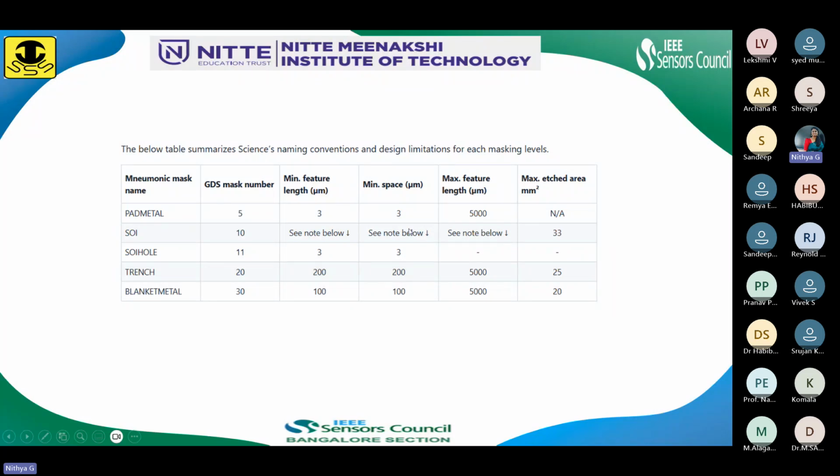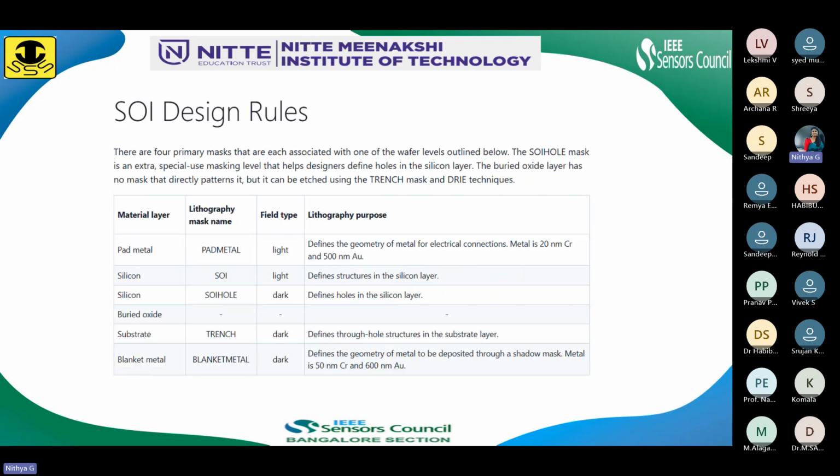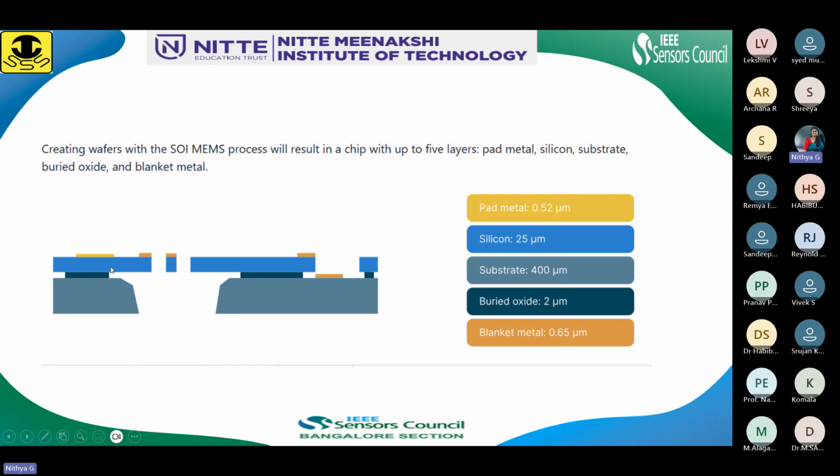Okay. And there is something called minimum space. That means whenever you have a particular pad metal, the distance between the metal and the silicon matters. Here, this is the silicon layer above which we are going to keep the metal layer.